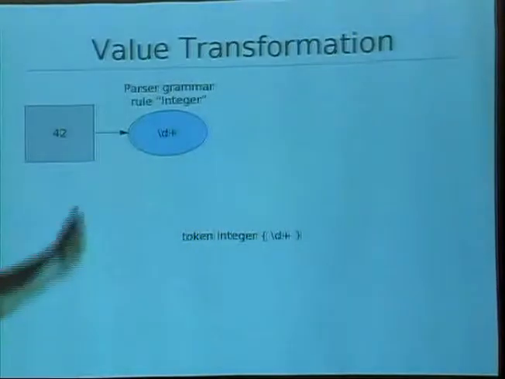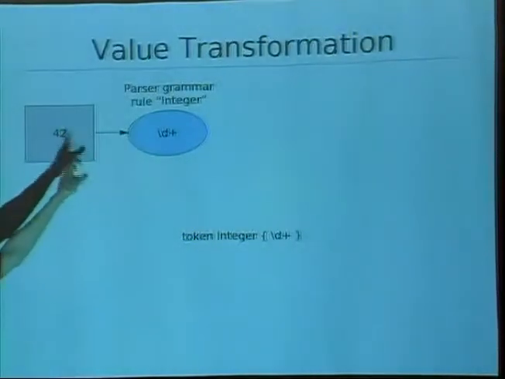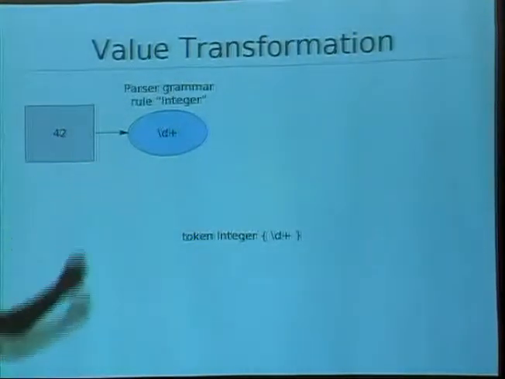And I'll show you quickly an example of transforming the tree. You start with a number, 42. This is the parser rule, just digits for matching an integer.